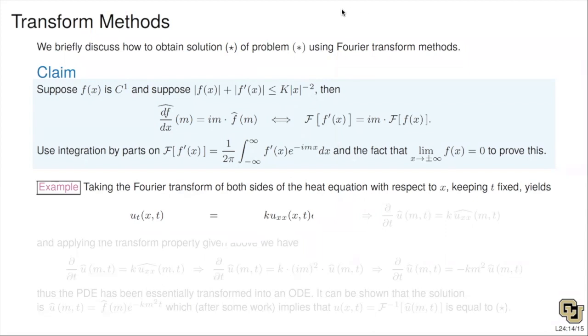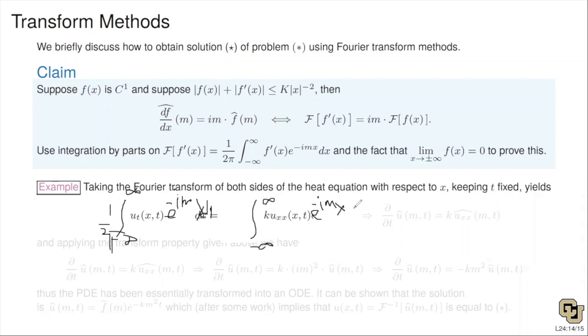Now what I'm going to do is multiply both sides by e to the minus imx, and then integrate dx, the integral from minus infinity to infinity, times 1 over 2 pi. So starting from the heat equation, I'm multiplying all this and integrating.